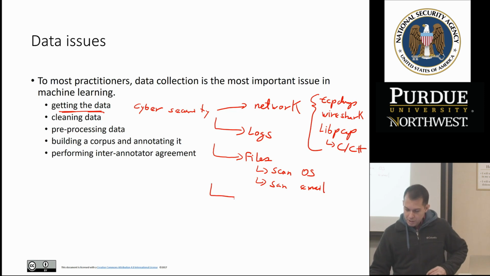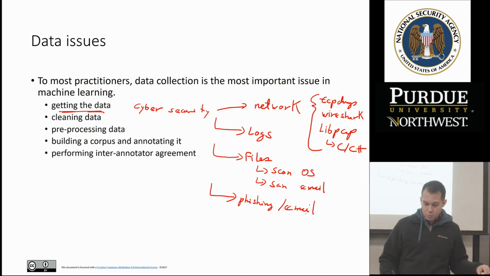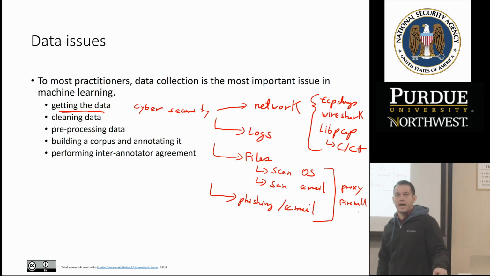Then there's phishing attempts, right? So phishing, that happens via email. So again, we need some kind of a scanner for this. Usually for these tools, we have to use what is called a proxy firewall, or some kind of a tool like that, some server, that anything that's coming in through the network, so let's say there's a server here, right?